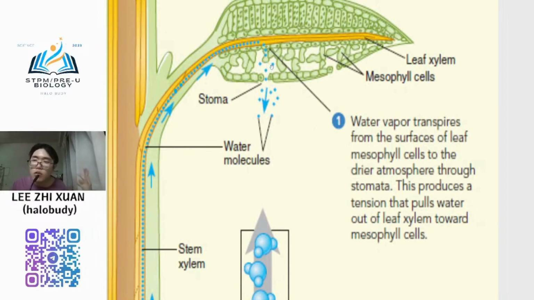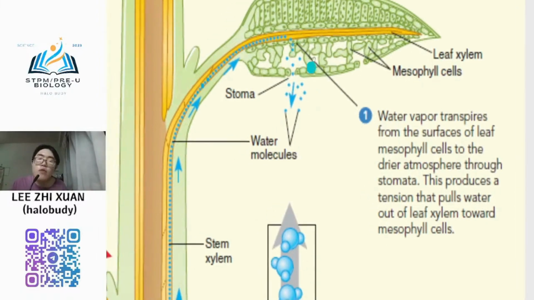So according to logic, water molecules flow down the gradient. Your water molecules inside the plant will be evaporated out from the high water potential in the leaf to the low water potential in the atmosphere, in the form of water vapor.